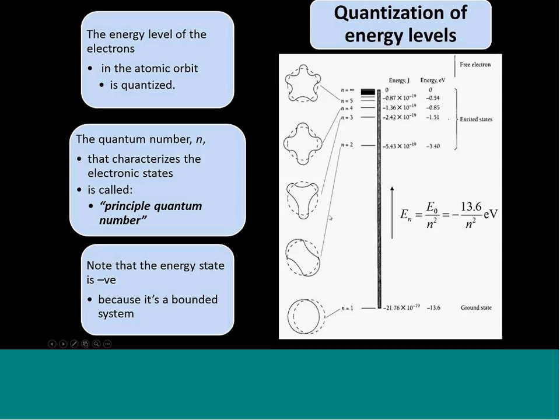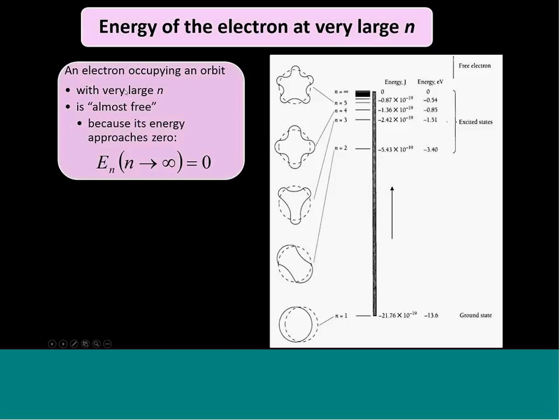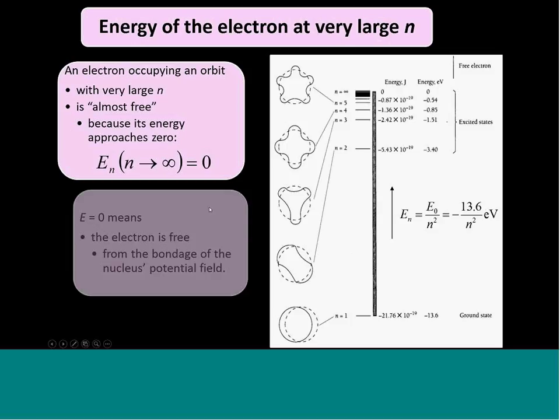Jika the value adalah dalam negative value, selagi tu dia terikat dengan sistem. Jadi nilai kosong. So contoh comparing the orbit with N infinity, it's almost free because energy approach to zero. So here it says E equal to kosong. Maksudnya elektron ni adalah free daripada bondage.